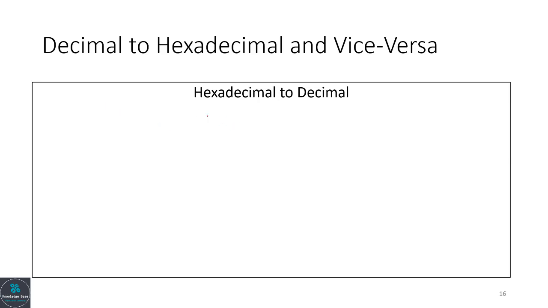So let us take 15 in base 16. It will be 5 into 16 to the power 0 plus 1 into 16 to the power 1, that is 16 plus 5, 21 in decimal, right?